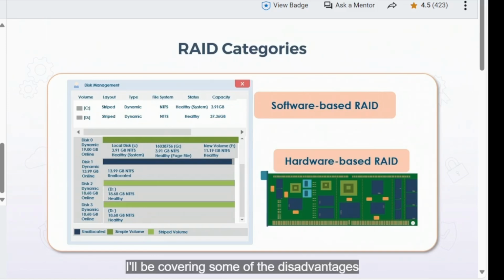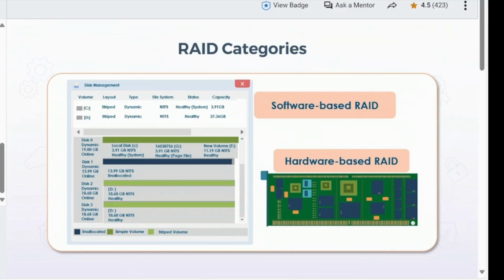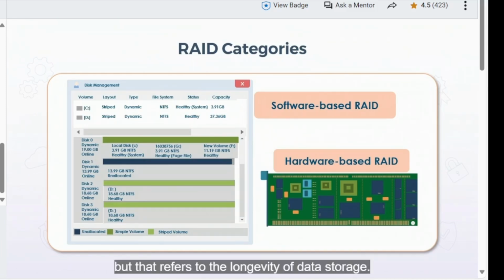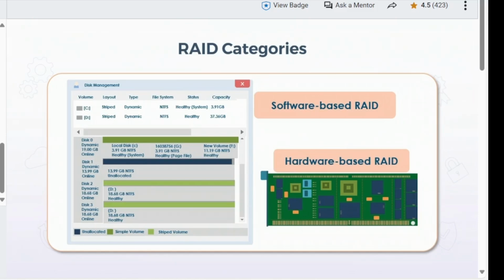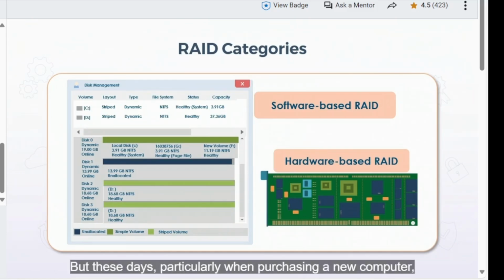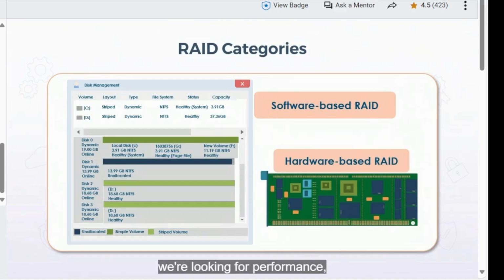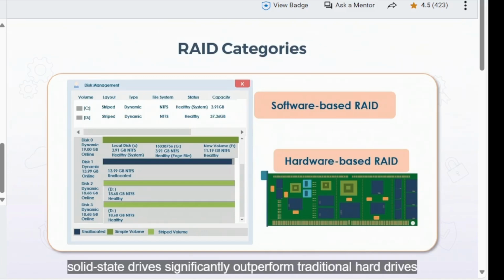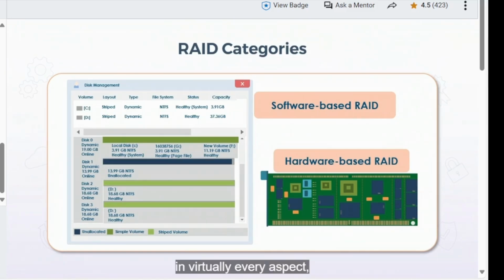Now, typically hardware-based is preferred because the controller card, for starters, would likely give you access to more physical hard drives than what your motherboard might support natively, and typically the controller cards themselves also tend to have a very large memory cache installed. So when you're performing very large operations such as writing a lot of information to the RAID array, it can store that information on the cache, then write it to the drives after the fact.